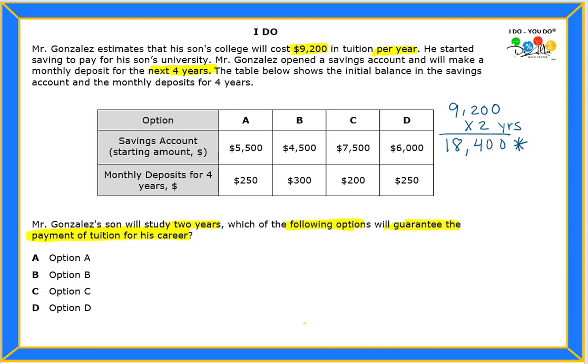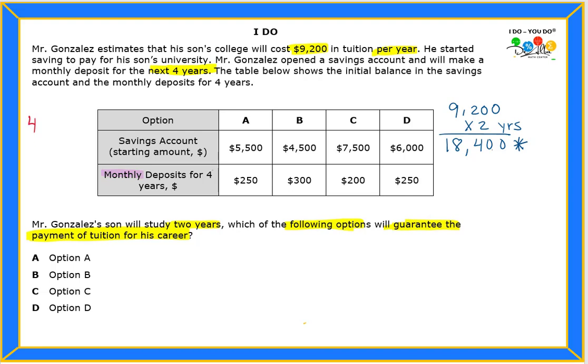We have 4 options, right? And just to start working on the first one, it says, for example, option A, that's how much money they start the account with, 5,500, and that 250 is how much money they're gonna deposit on a monthly basis. It says monthly. Okay, now that makes a difference because he's gonna do this for 4 years.